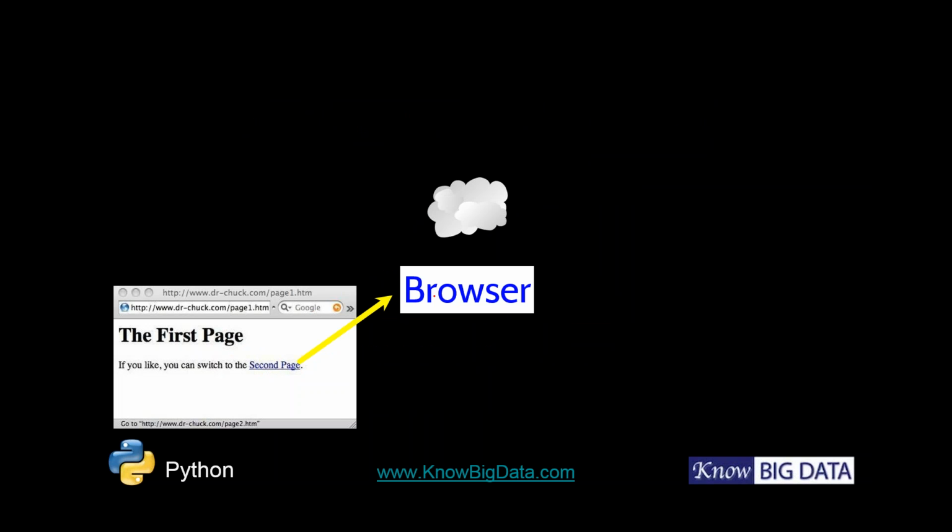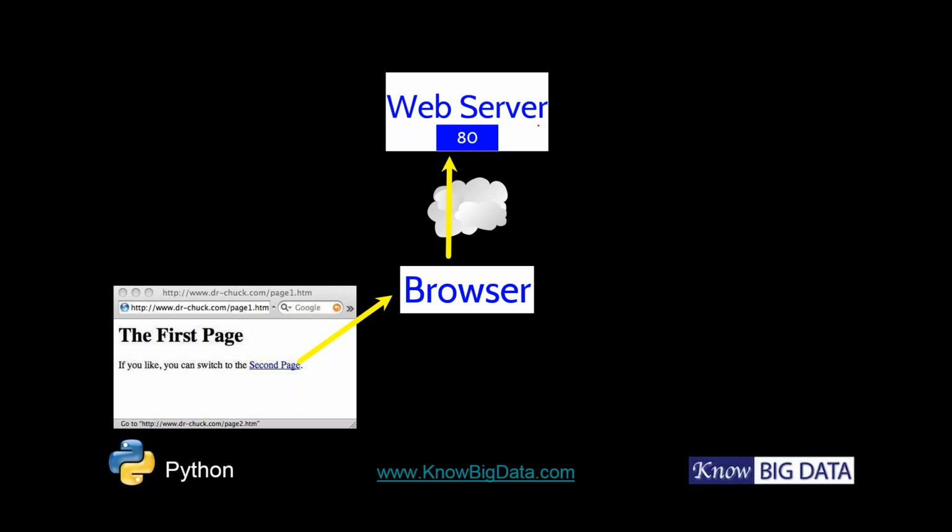The browser makes a connection to the web server over port 80. After making the connection, it gives a GET request.